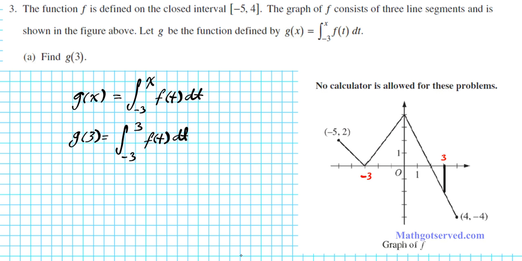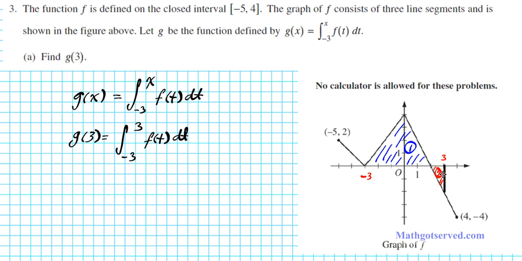So this blue triangle, let's call it triangle number 1, is this entire triangle here. The second triangle that's captured in this integral goes from 2 all the way to 3. So let's call this triangle 2, and it's basically this region right here.